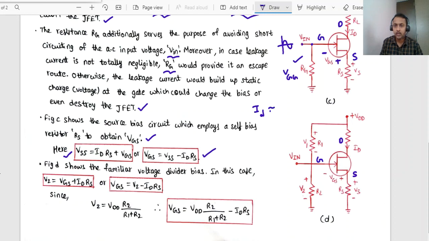It will be a function of the drain source voltage, VDS. Moreover, it will not be linear, as in the case of a transistor. In a JFET the relationship between the drain current and the voltage is non-linear. That point also we have to remember.